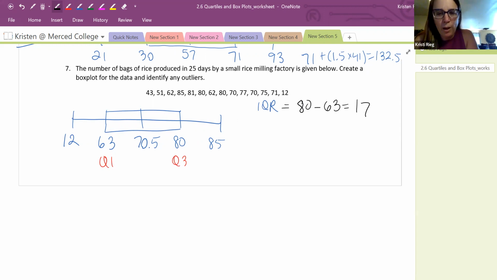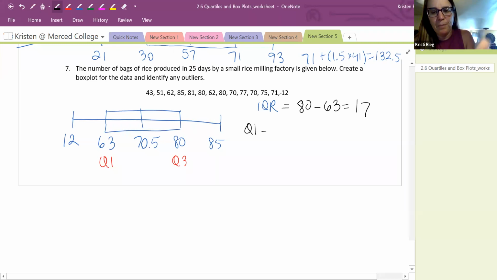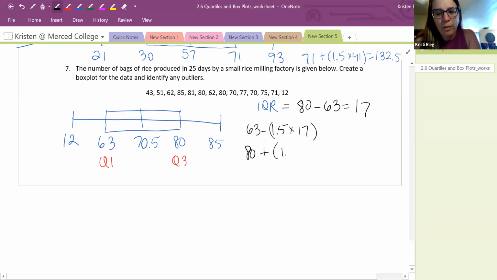Very suspicious about the 12, but I'm curious to see if there's any others as well. So I'm going to do Q1 minus 1.5 times 17, and 80 plus 1.5 times 17.